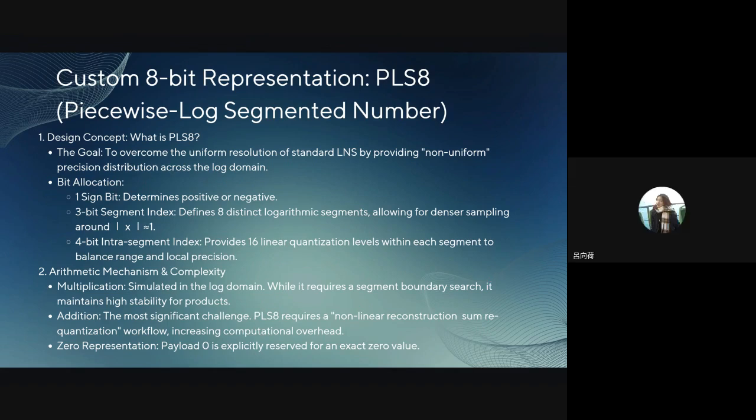For addition, this representation requires a non-linear reconstruction and recompensation workflow, which increases the computational overhead. For the zero representation, payload 0 is reserved for the exact zero value.